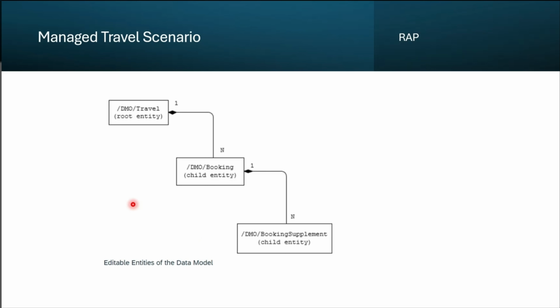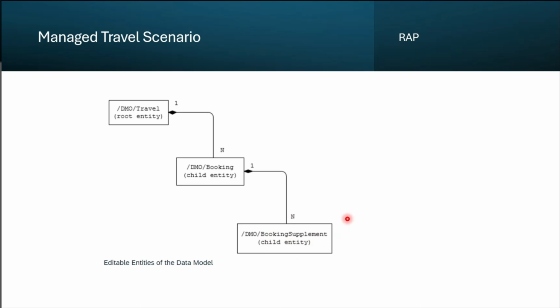And when coming to this managed travel scenarios, you have the travel, which is the root entity, and you have your booking, and we have the booking supplement, which is the child entity for the booking, and this is the leaf entity. If you have a travel, there can be one to a number of bookings. If you have your booking, there can be one to a number of booking supplements.